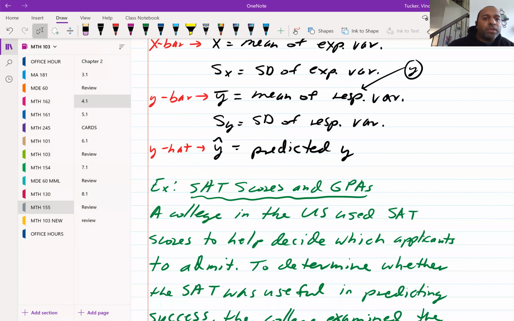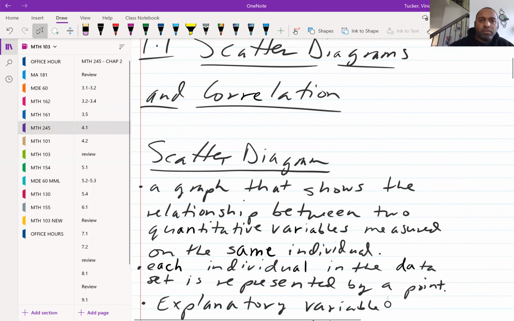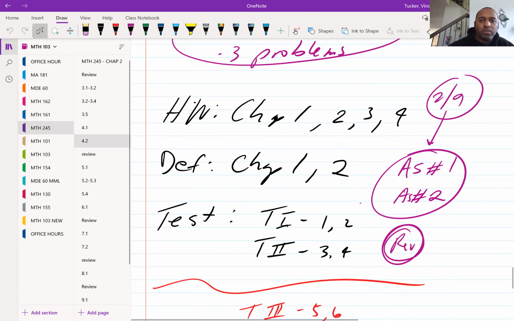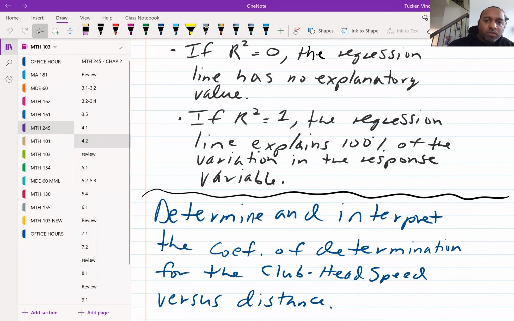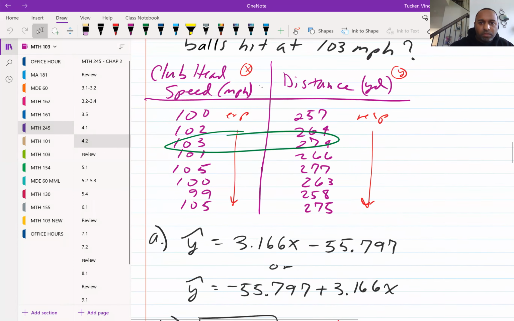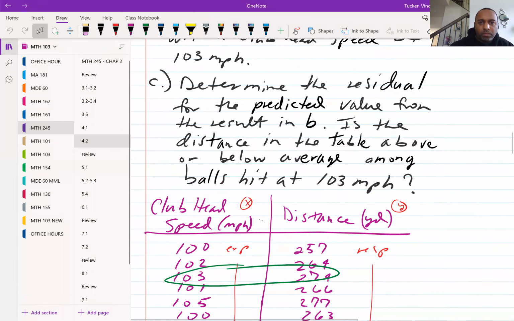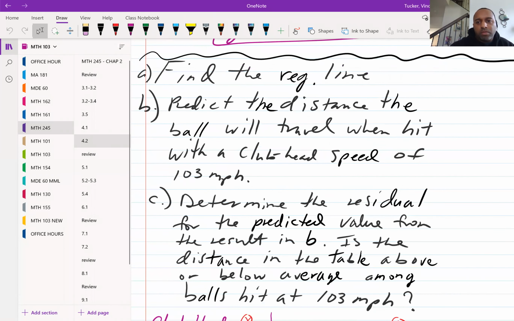Let's do this. Yeah, let's do this problem right here, just in case you see one like this.